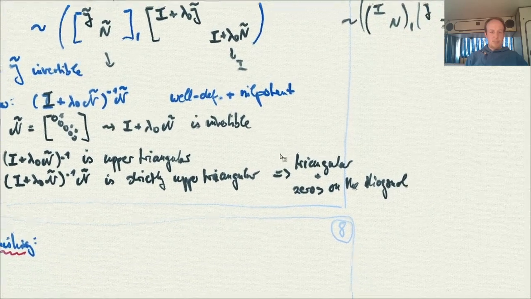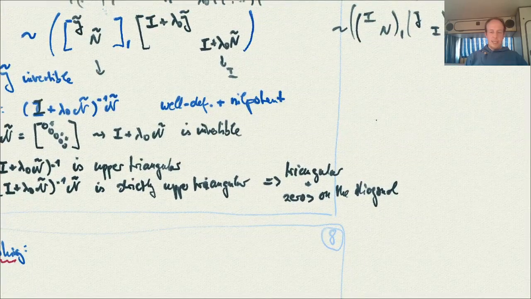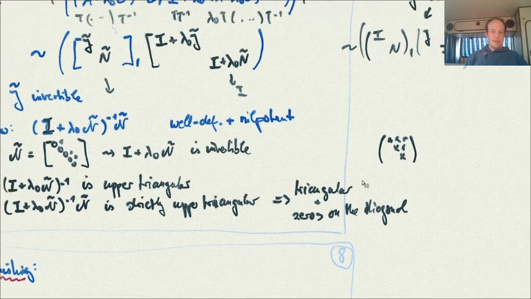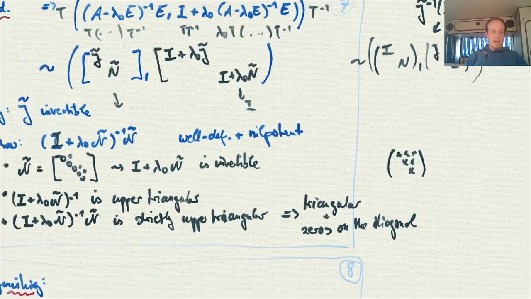Well, one can do it like that. Let's do it for a 3x3 matrix. We know that this matrix here is upper triangular.